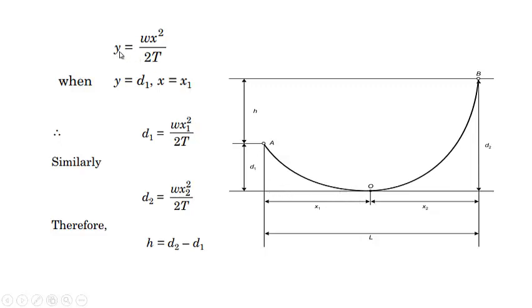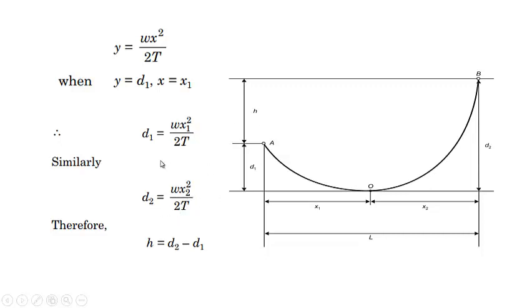So when y is equal to d1, x is equal to x1. We can write d1 is equal to wx1 square by 2T. Similarly, when y is equal to d2, x will be equal to x2, so wx2 square by 2T will be equal to d2.